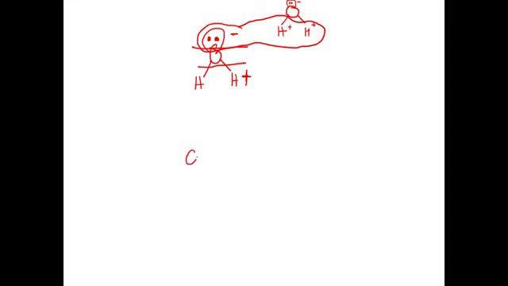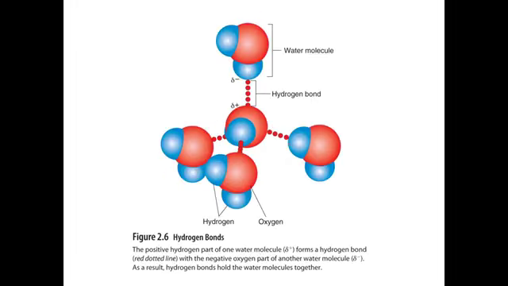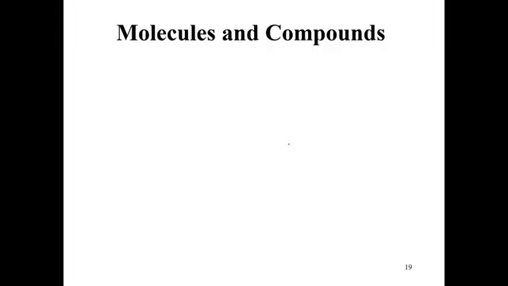Therefore, what happens is, I will not draw the charges anymore. There is a weak attraction between oxygen and hydrogen, and this is your hydrogen bond. Okay. The hydrogen bond is also responsible for many properties of water, particularly your surface tension. Okay, so this is the better illustration.